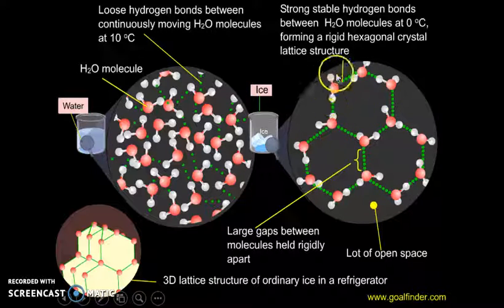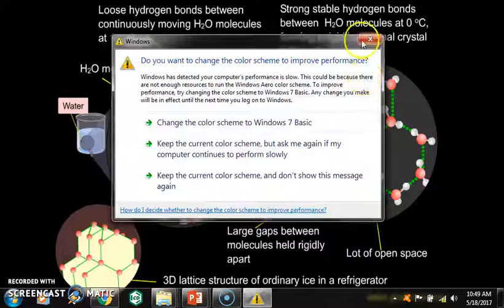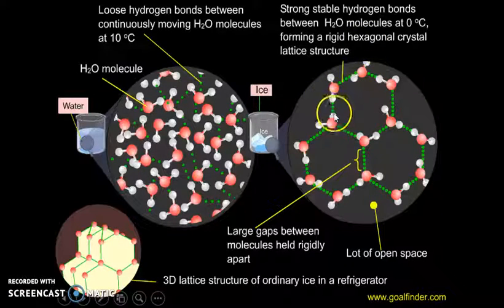The molecules in ice are actually moving but only vibrating. We can see there are strong stable hydrogen bonds between H2O molecules at 0 degrees Celsius, forming a rigid hexagonal crystal lattice structure. This is the hexagon structure, and the blue dotted lines here are the hydrogen bonds between the water molecules.